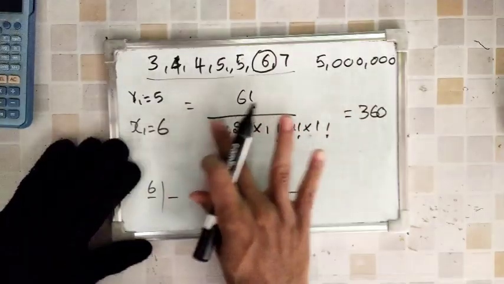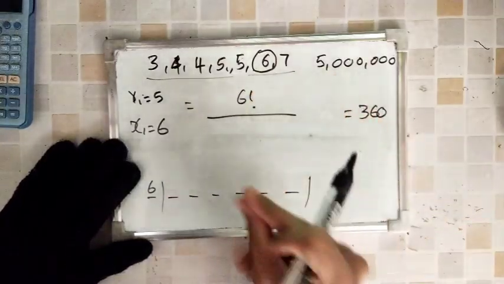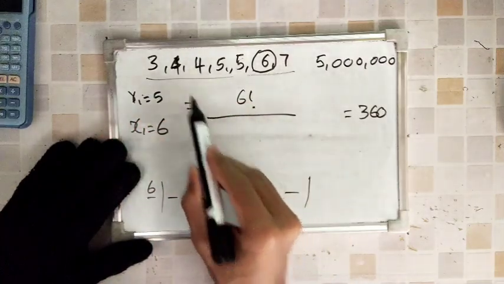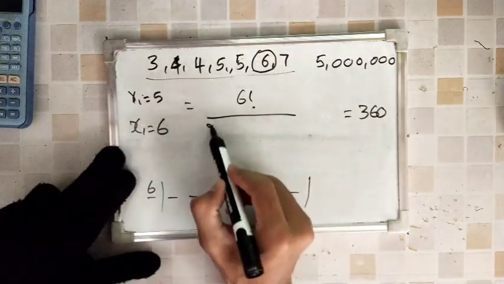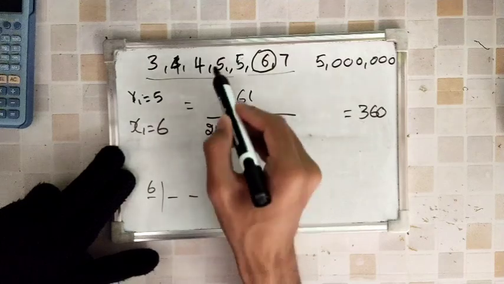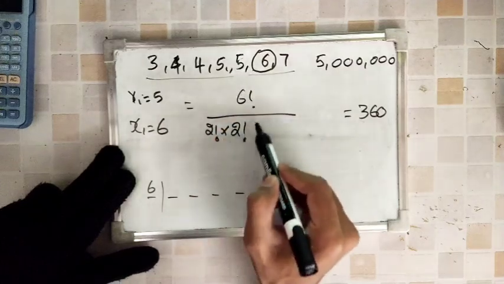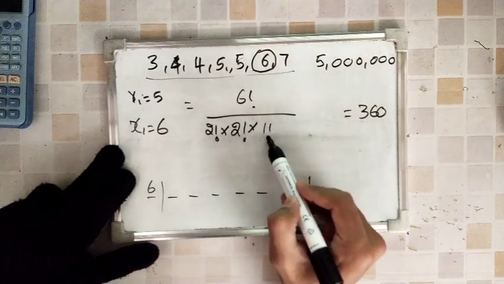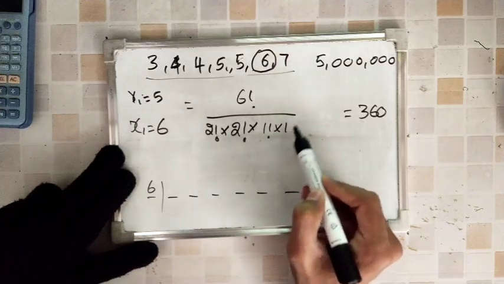So it is again 6 factorial. How many numbers are remaining? 6. Here 4 has come 2 times, so 2 factorial, 5 has come 2 times, so 2 factorial, and 3 and 7 have come only 1 time, so 1 factorial into 1 factorial.